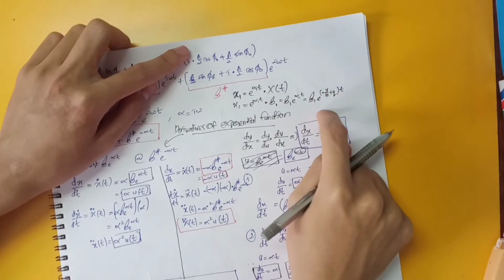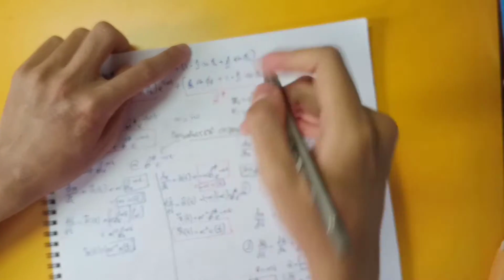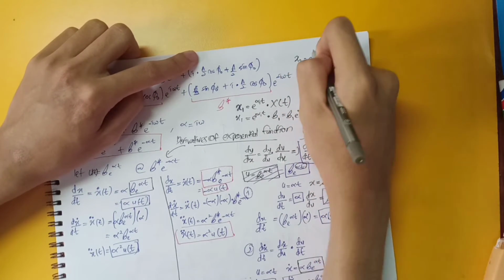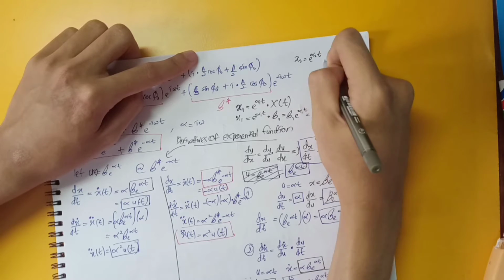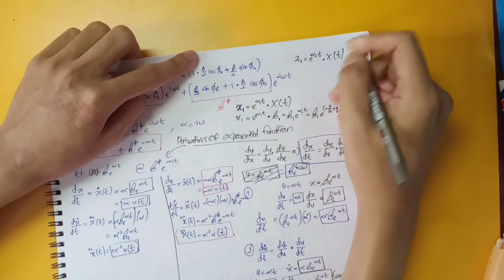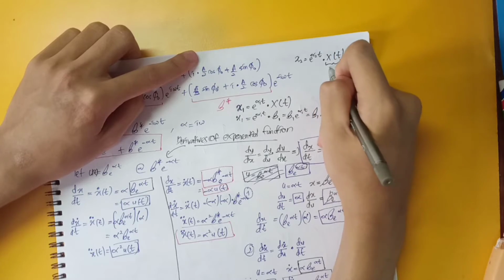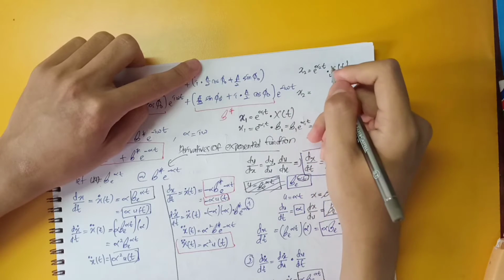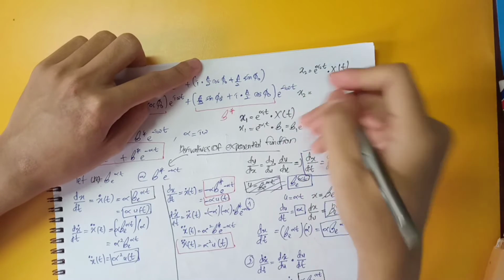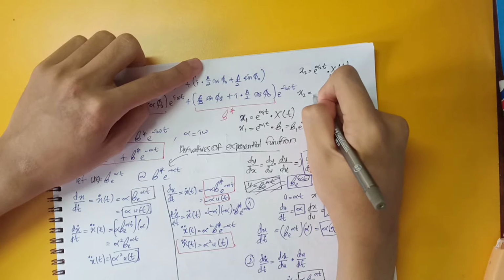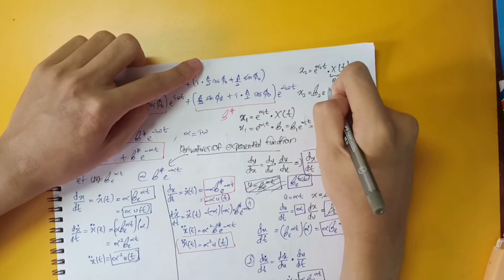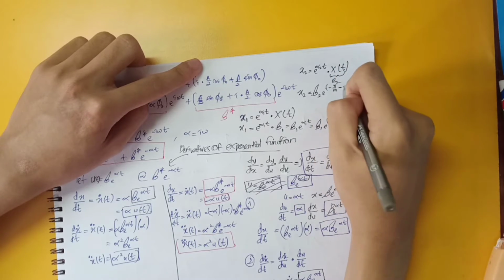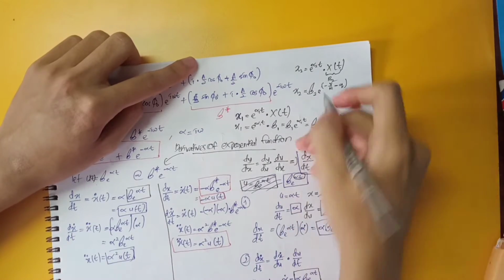Okay, this is x1. Now let's look at the x2. x2 is equal to exponential power of alpha 2 t times with the capital Xt, and we take Xt as the new constant, which is b2. So for x2, I'll just do the straightforward substitution: b2 exponential power of negative gamma over m negative q, and then times with the t.